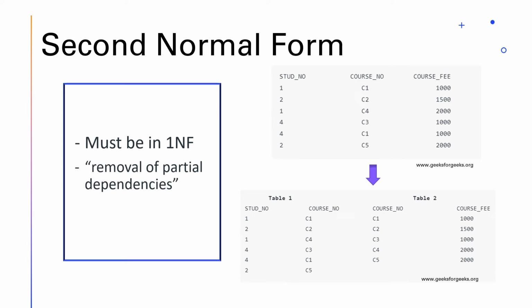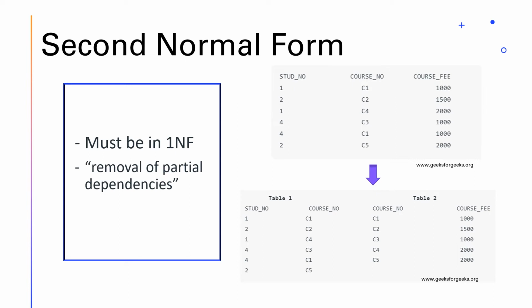But course number reflects course fee, and course fee is dependent upon course number, which is a proper subset of the candidate key. Non-prime attribute course fee is dependent on a proper subset of the candidate key, which is a partial dependency. So this relation is not in second normal form.